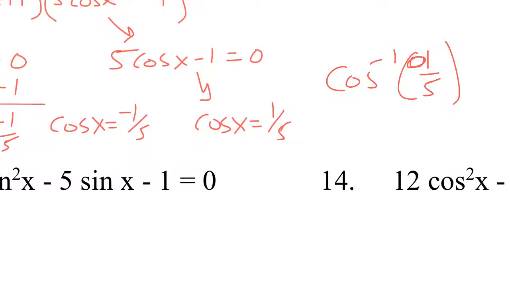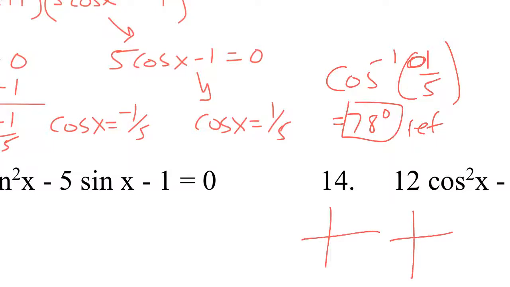So if I inverse cosine 1/5, I get an angle of 78 degrees. That's my reference angle. And I will then locate where cosine is positive and where cosine is negative.